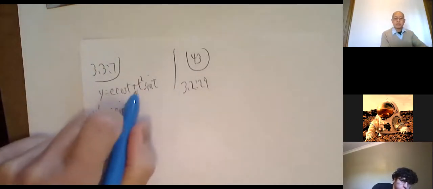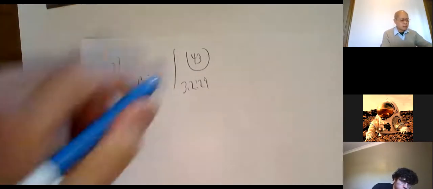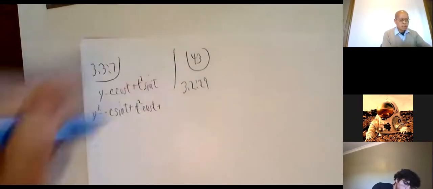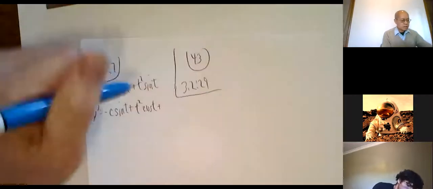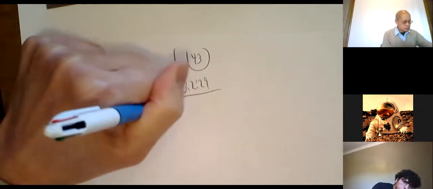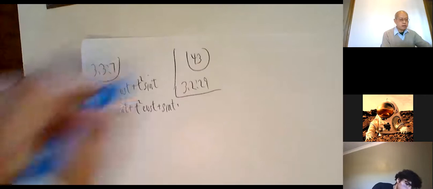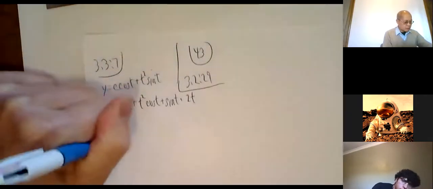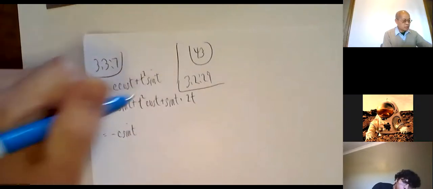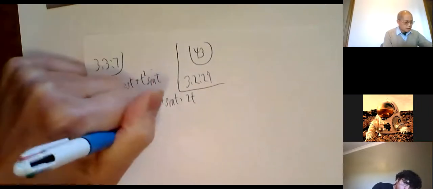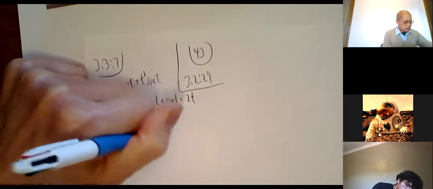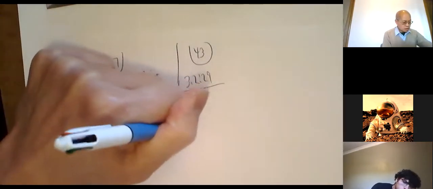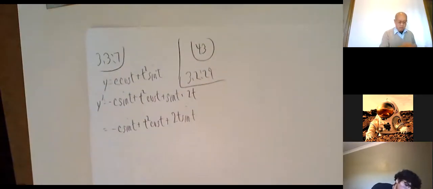And this is a product rule. First function, second function. So first times the derivative of the second plus second times the derivative of the first, which is 2t. So negative C sine of t plus t squared cosine t plus 2t sine of t.